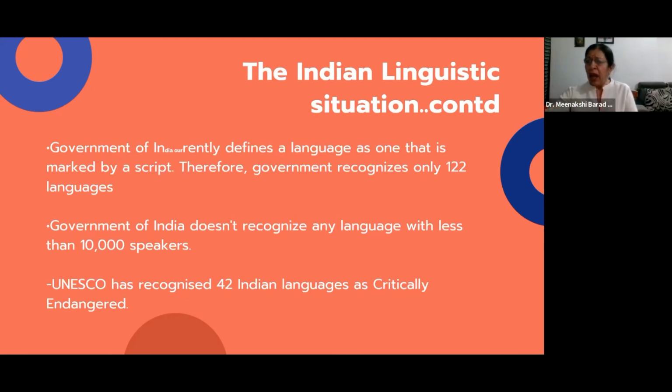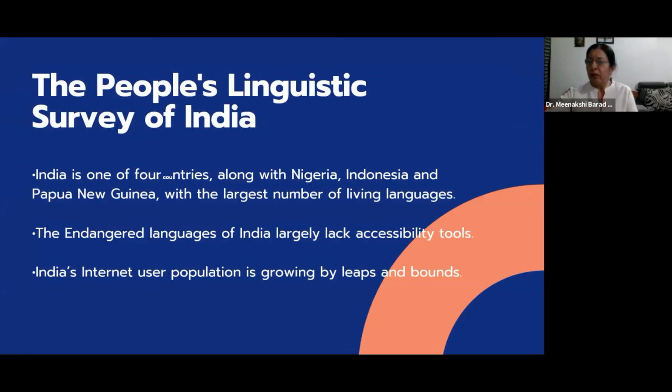And there is in and out migration of communities. UNESCO has recognized 42 Indian languages as critically endangered. As I said, the Government of India does not recognize languages with less than 10,000 speakers.